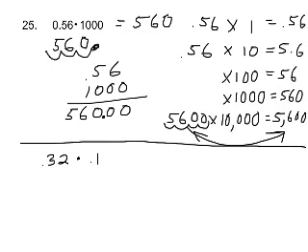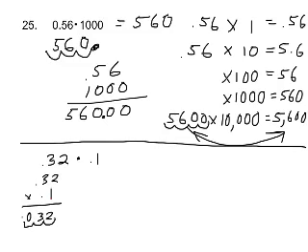Okay, so what if we're multiplying a number like 0.32, 32 hundredths, by a power of 10 that's less than 1, like 0.1, 1/10? Well, we would do it longhand, times 0.1. We would get 32, and we'd have to have 3 decimal places, right? Because there's 1, 2, 3 of them. So the decimal point, we'd have to move it 3 places. 0.032.